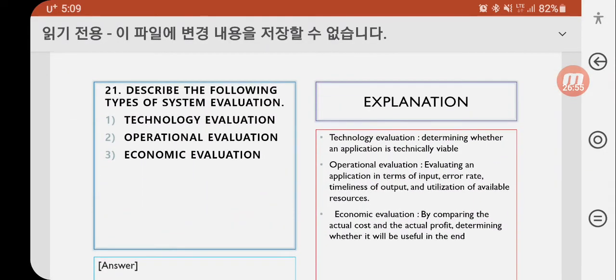Final question. Describe the following types of system evaluation.